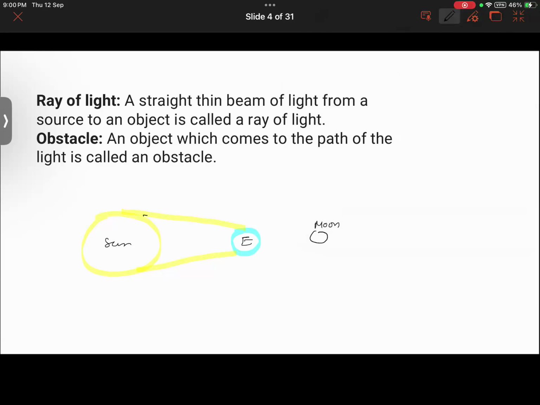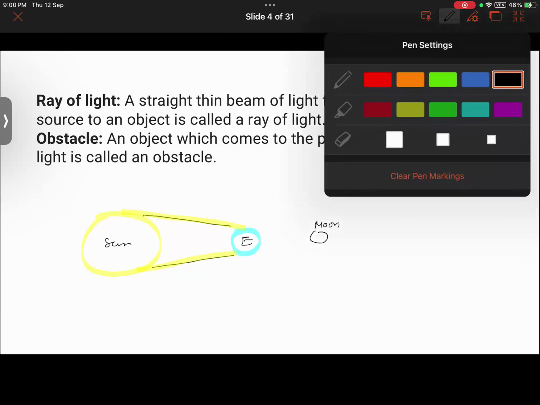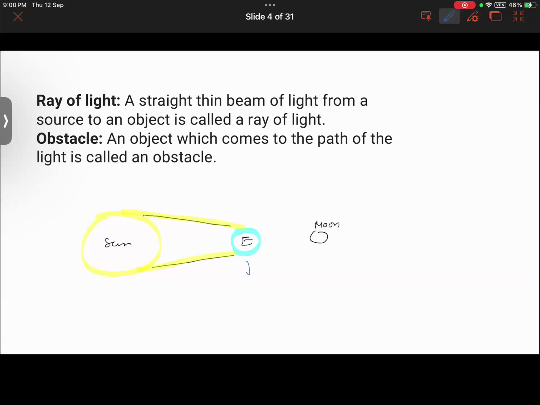What we know is that the Earth here acts as an opaque object, and the shadow will form on the moon. The shadow of the Earth will be forming on the moon. This is the region in which the shadow is formed. So this much of the region is not visible. That is what happens in the case of lunar eclipse.